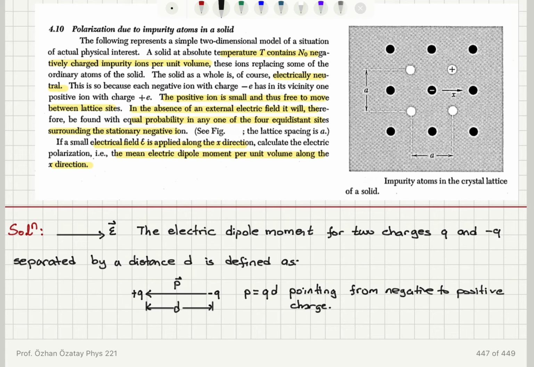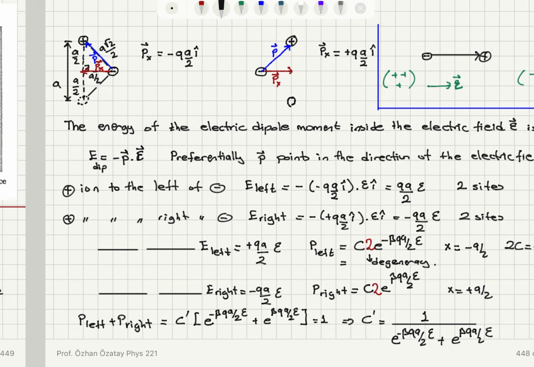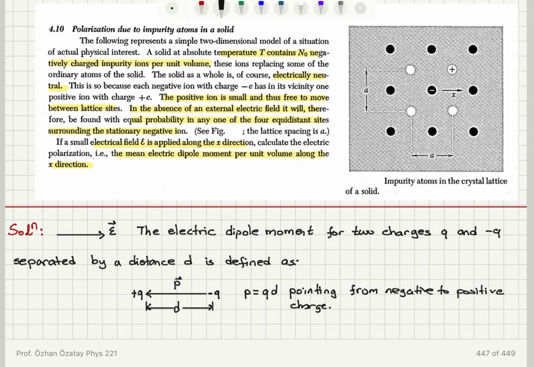Okay, so we're talking about a model of a crystal lattice of a solid where we have a mobile positive charge that can be in any one of four equidistant sites from a negative charge, and in the absence of an electric field it can be in any one of these sites with equal probability. But when we turn on an electric field, because the electric dipole moment will interact with the electric field and the interaction energy is minus p dot epsilon, it will have a preference.